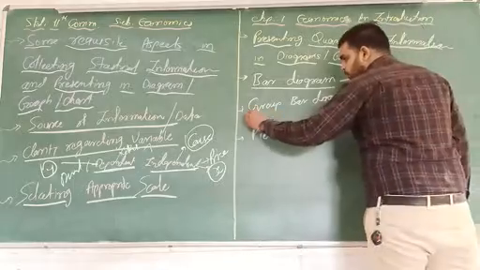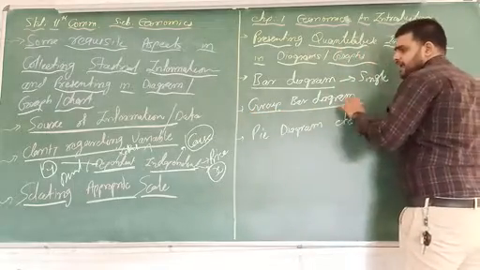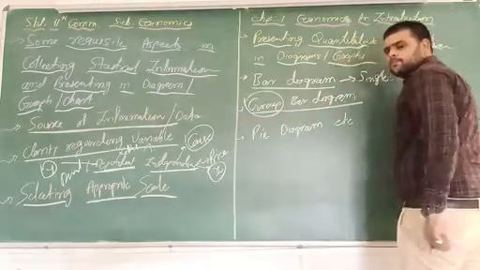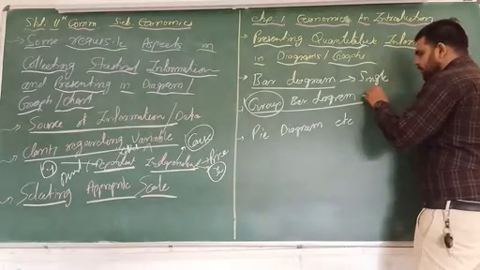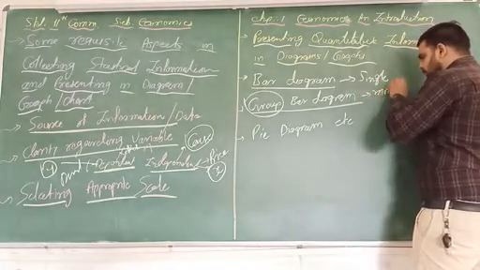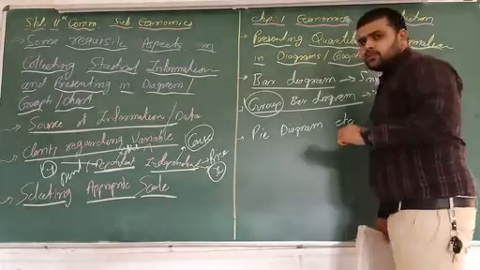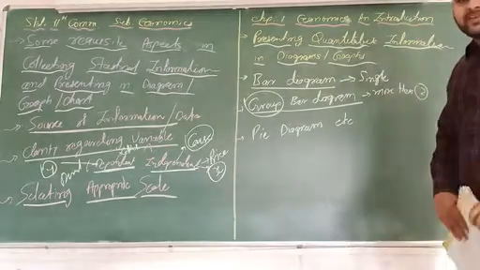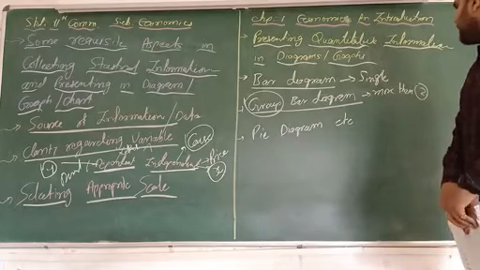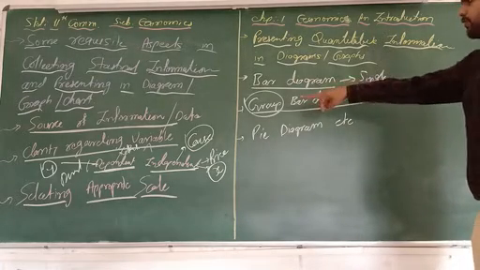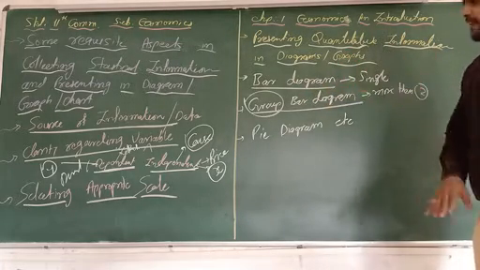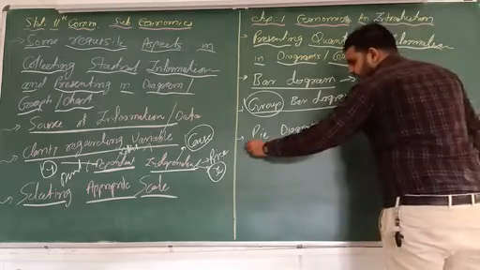Number two, the group bar diagram. It shows groups. It means that when we show more than two types of information, at that time we have to use the group bar diagram. And the third one is the pie diagram.